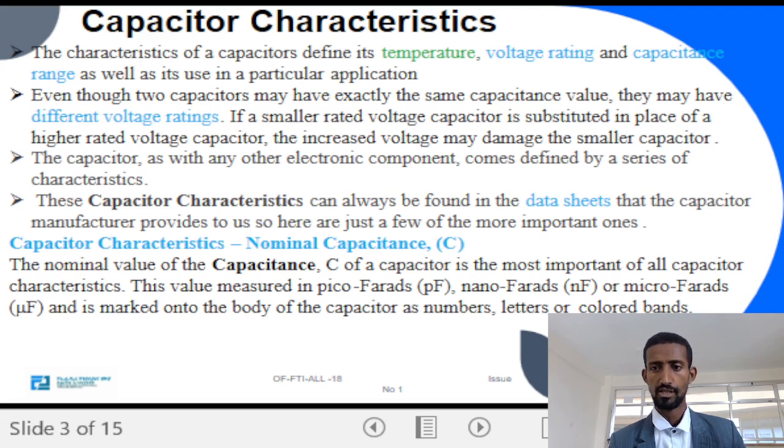This value may be measured in picofarad, nanofarad, or microfarad, and is marked onto the body of the capacitor as numbers, or as letters, or as colored bands. We'll see how to read these color bands, letters or numbers from the capacitors in the next topic.